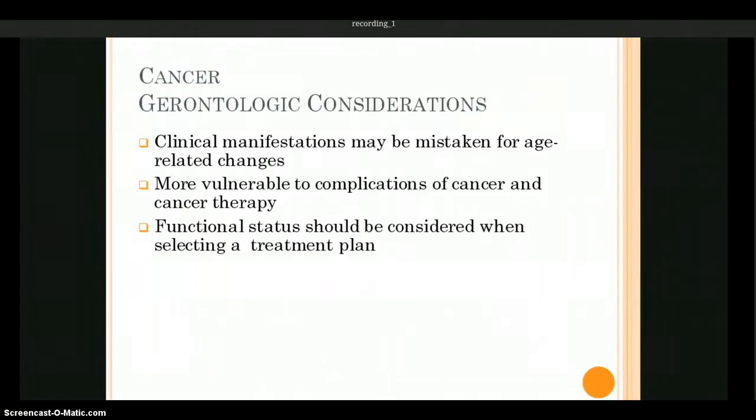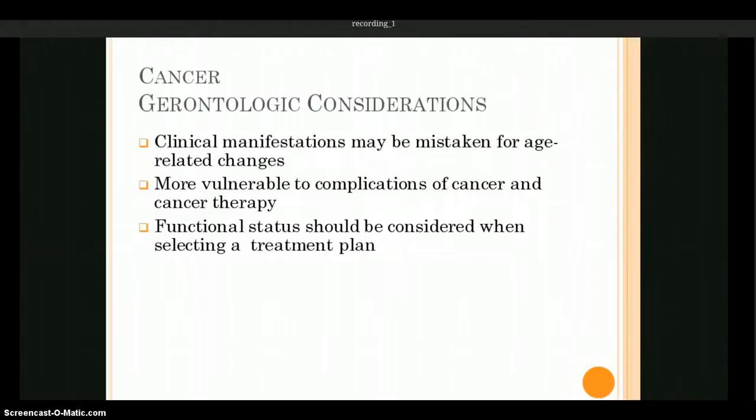We need to be realistic whenever we develop a plan for our patients and look at what the functional status is. Is it really going to be a good outcome for us to undertake this latest treatment? Okay, so the other thing is to think, in other words, whether or not a patient can even tolerate the treatment. If you've got a 92-year-old elderly man who is very debilitated already, is he going to really be able to tolerate that chemotherapy?